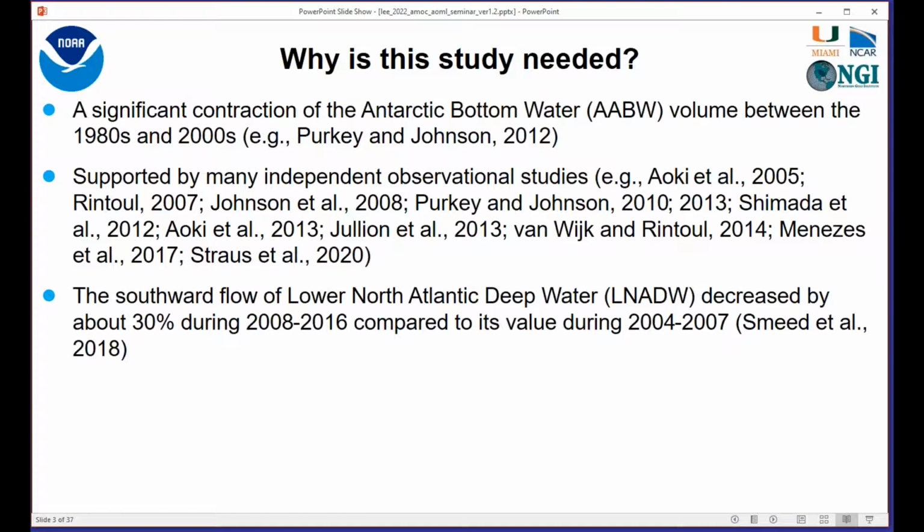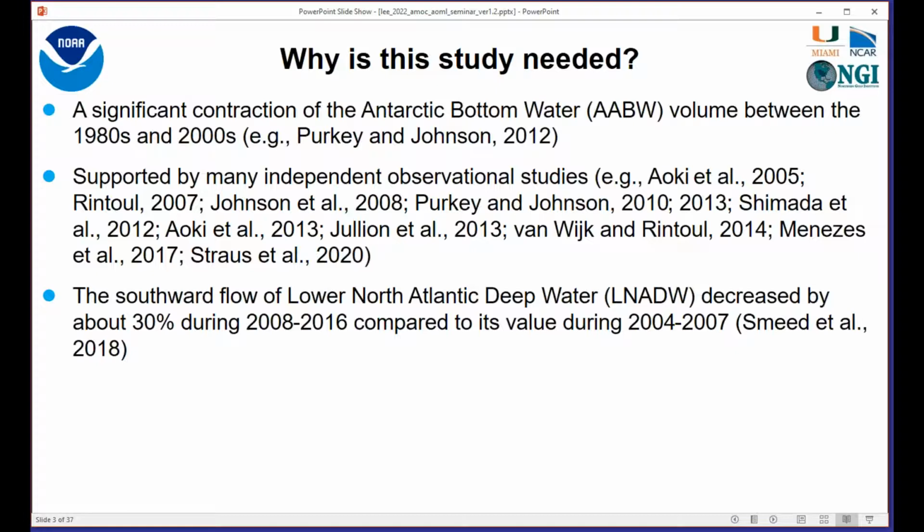This result is supported by many independent observational studies, starting from the early 2000s until now. Many papers are coming out to back up this result, so this appears to be a very robust result.